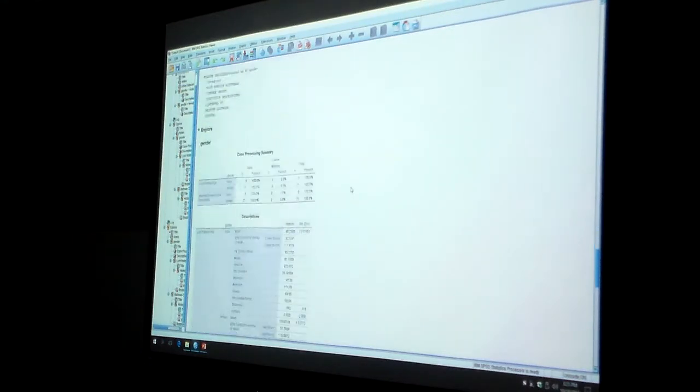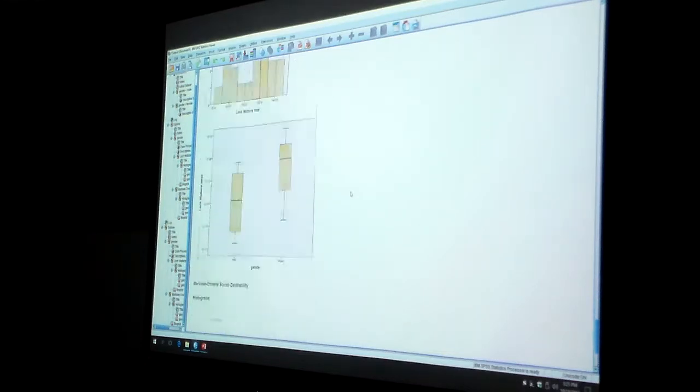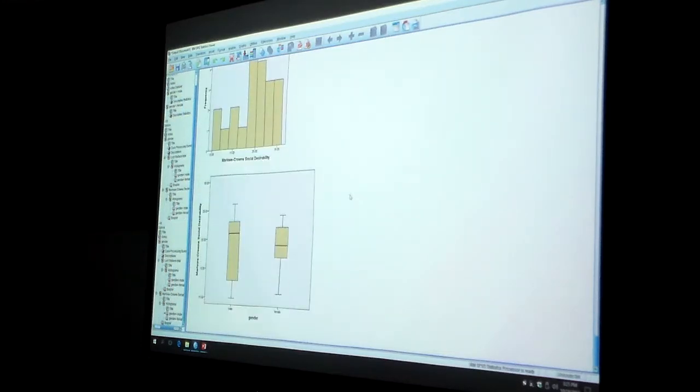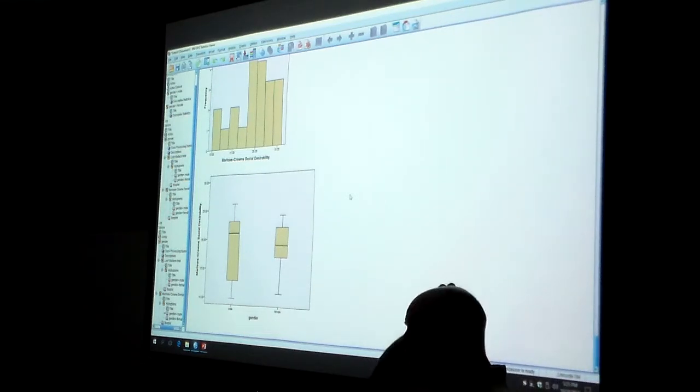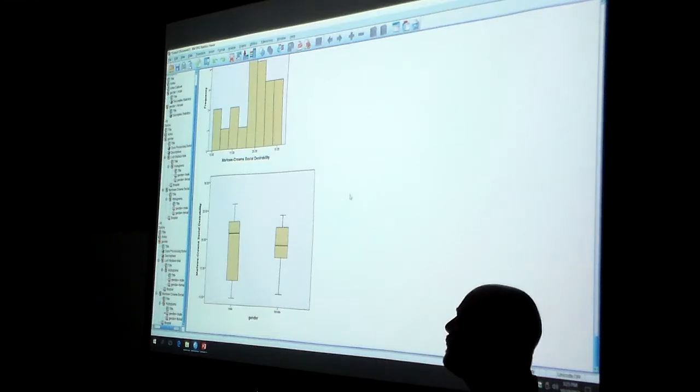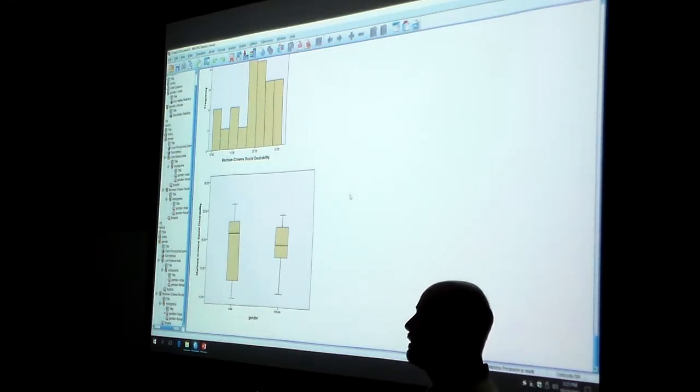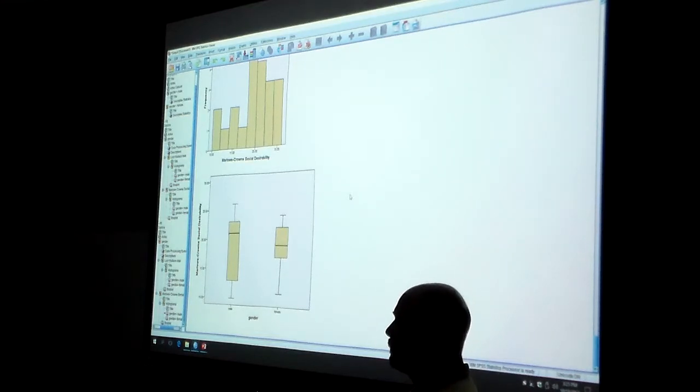Okay. So, based on our evaluation of skew and kurtosis and our evaluation of our plots, do we have any notable concerns in terms of our distributions to this point? What do you think, Angeline? Besides the fact that we have 5 males.